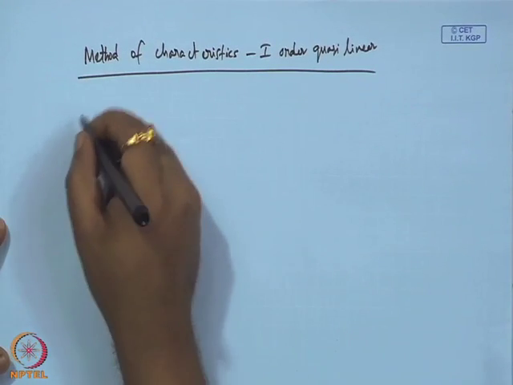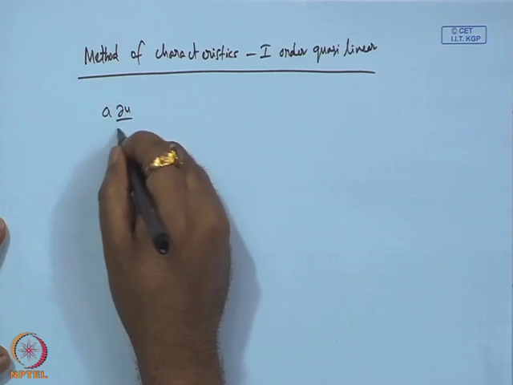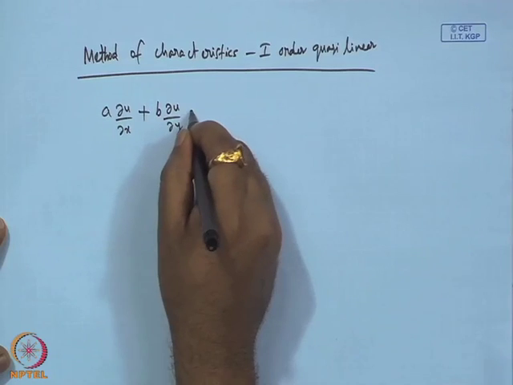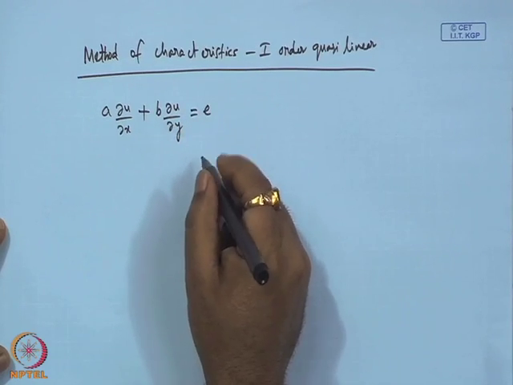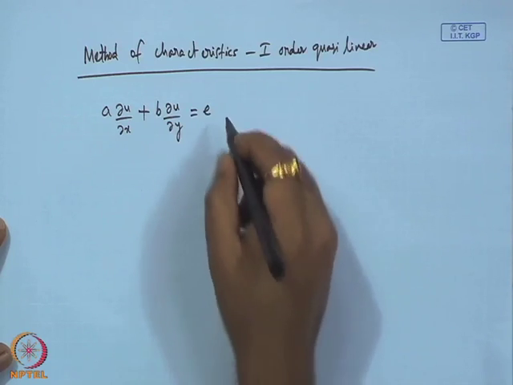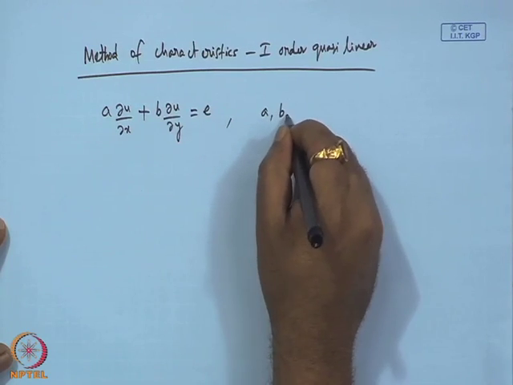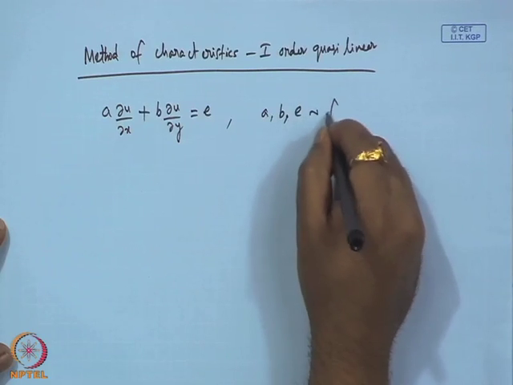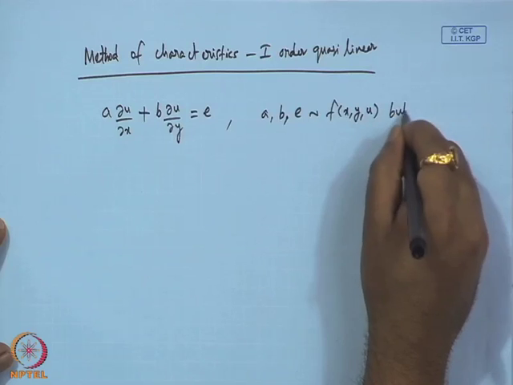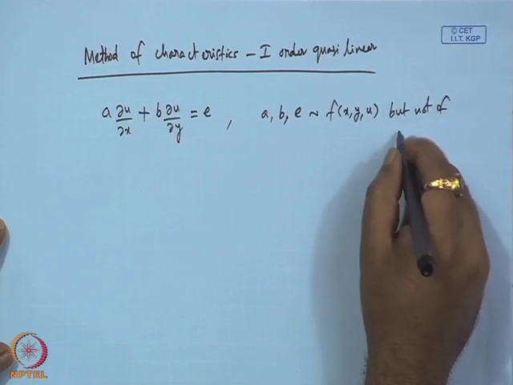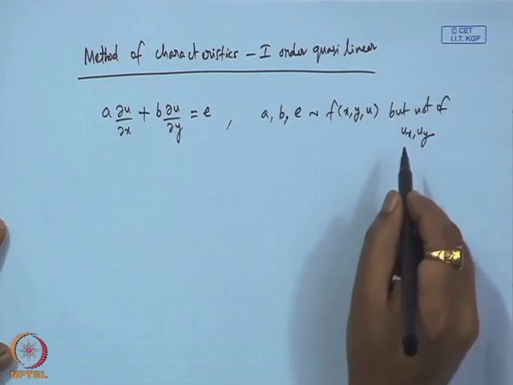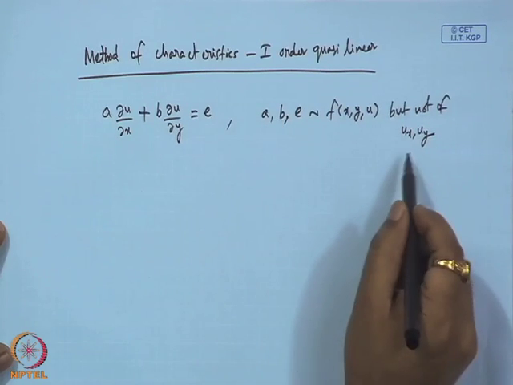So, we consider A dou u by dou x plus B dou u by dou y equals E. As usual A, B, E are functions of x, y, u, but not of u x, u y.